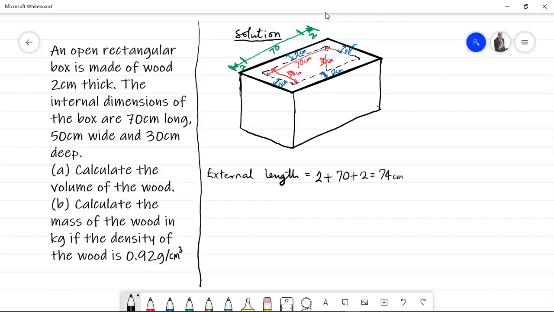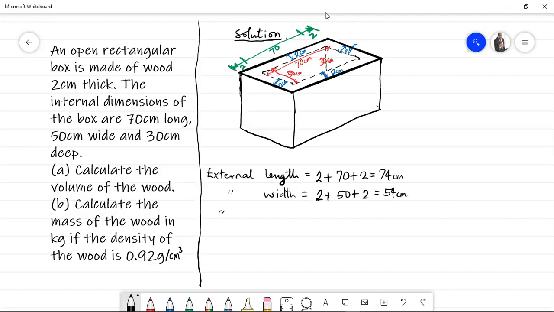Also, the external width or breadth will also be equal to, of course, you'll agree with me, 2 plus 50 plus 2 centimeters as well. And that should give 54 centimeters.